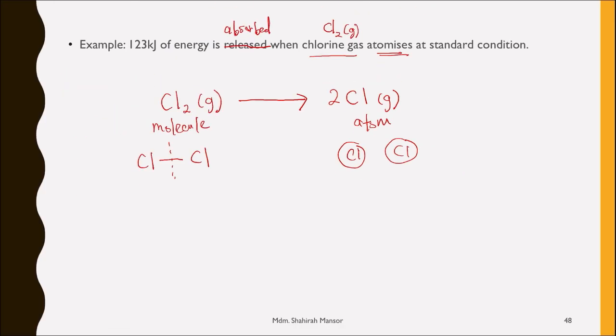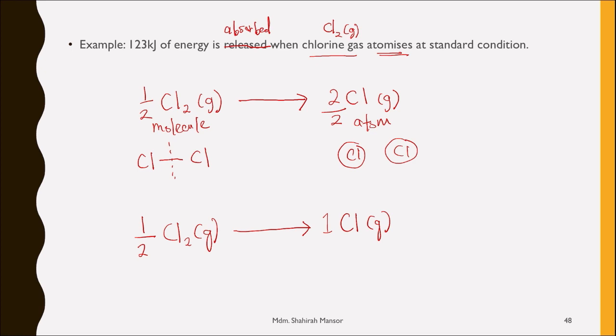In order to make it 1 in the product part, you have to divide by 2, and this one also divide by 2. Finally you get half Cl2 gas molecule atomized to form 1 mole of gaseous atom, because according to the standard enthalpy of atomization, 1 mole must be on the product part.